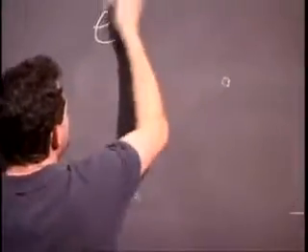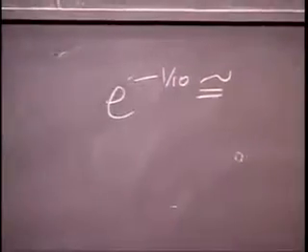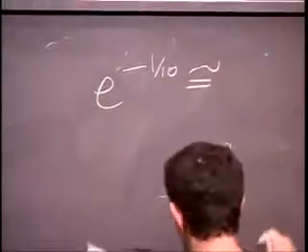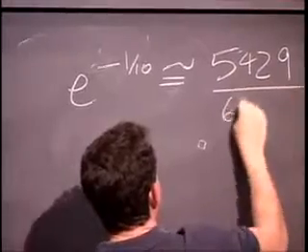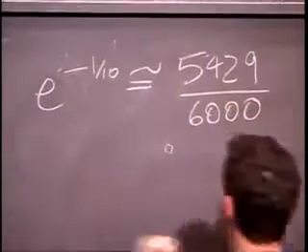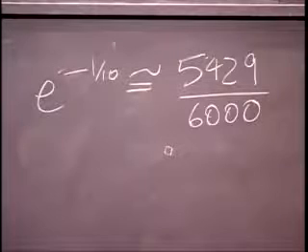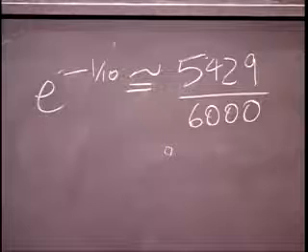In fact, let's write down this approximation again. We saw that e to the minus 1/10 is approximately equal to 5429 over 6,000. All right. So what can I say about this? Well, that's very good. We saw that they were very close. Now I want to ask you, how close are these things?